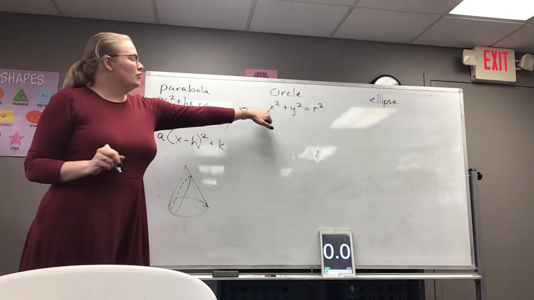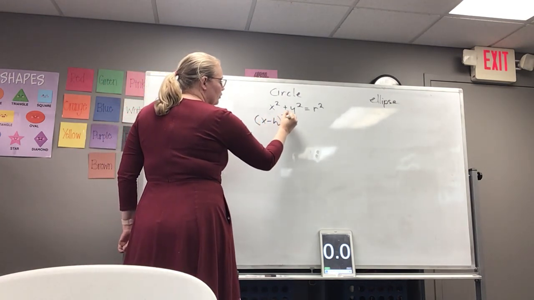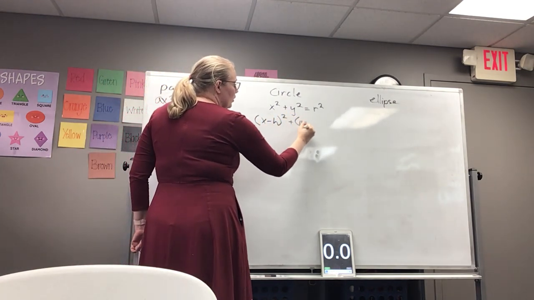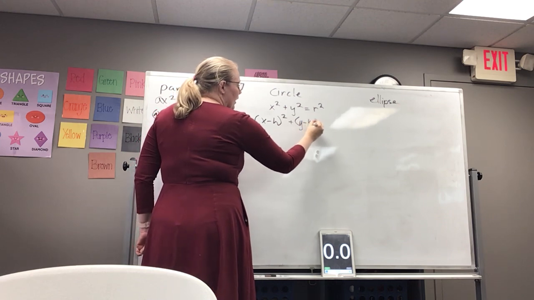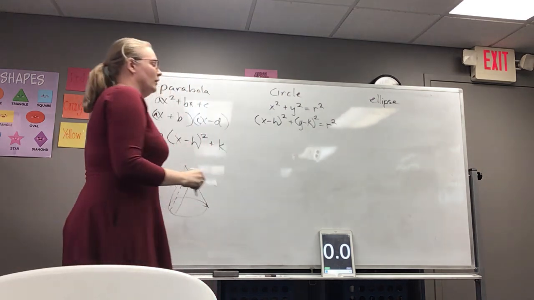And we can change this location: x minus h squared plus y minus k squared is equal to radius squared.